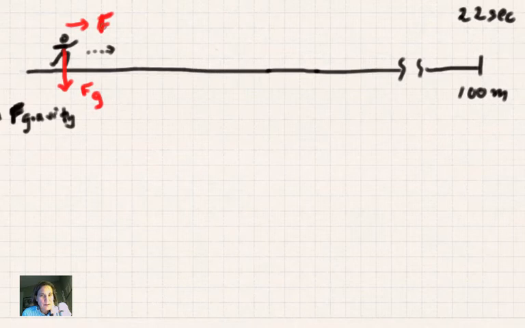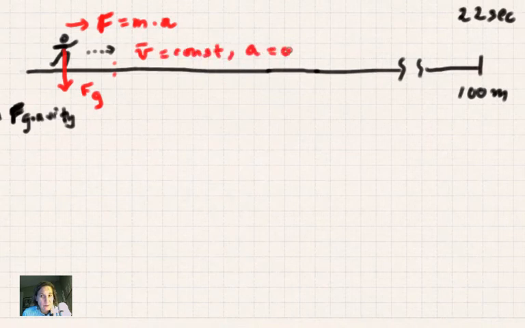Well, it turns out that all that force is pretty much expended in the first fraction of a second, because we know force equals mass times acceleration. And pretty much after about half a second, you're at a constant velocity. V equals constant. So what that means is acceleration equals 0.